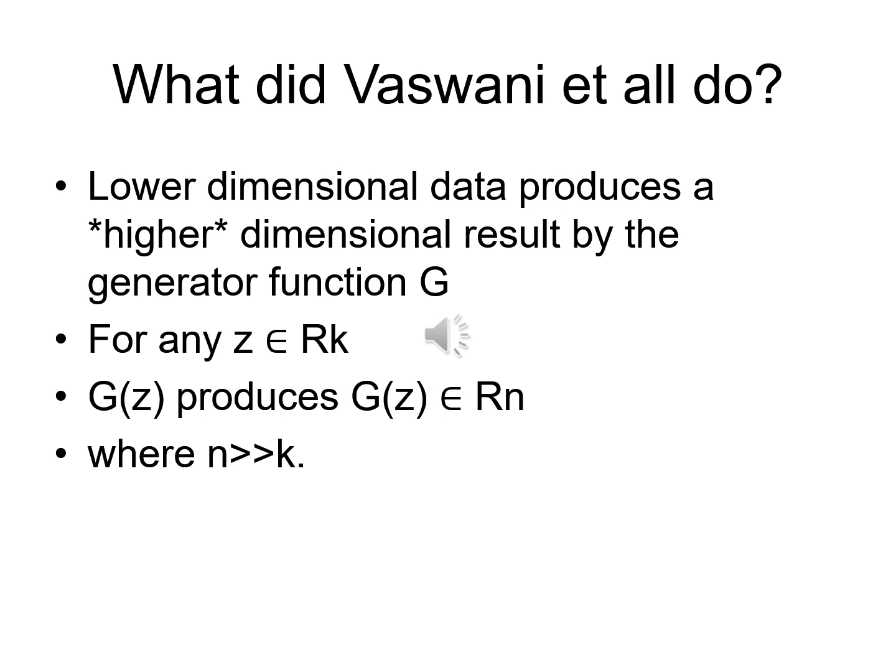So what exactly did the Vaswani paper do? Essentially, it transformed lower dimensional data to a higher dimensional result by the generated function G that we've seen in the previous presentation. So recall what that G does.